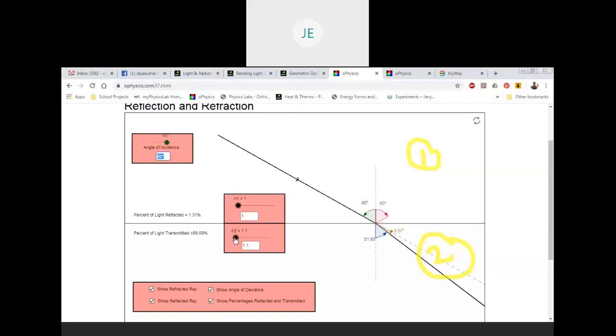If I slowly increase the refractive index of the second medium, you can see the bending of light. So how is it moving? In which direction is the light bending?